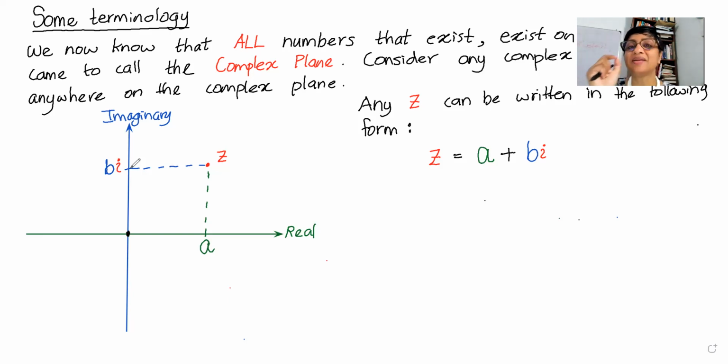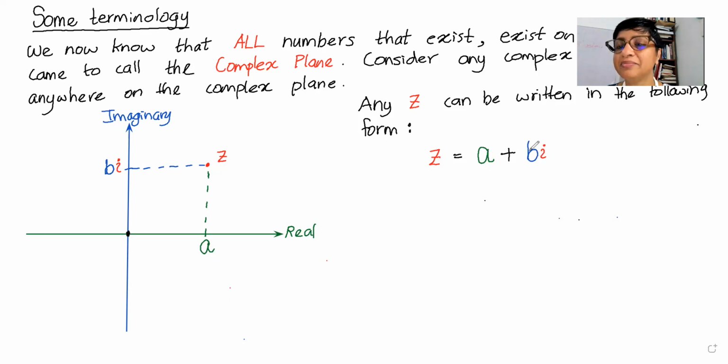So this A and B, the two numbers, this is part of the terminology. This A is called the real part of your Z, and this B, without the I, just B, is called the imaginary part of your Z.